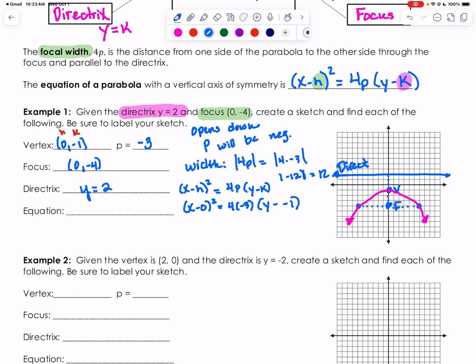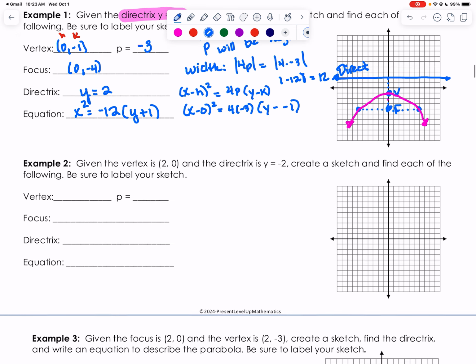Now, when we write our answer, we're going to clean this up a bit. So x minus 0 squared is the same thing as x squared. And then 4 times -3 is -12. And y minus -1 is the same thing as y plus 1. So there's our equation for the parabola that has a directrix of y equals 2 and a focus of 0, -4.